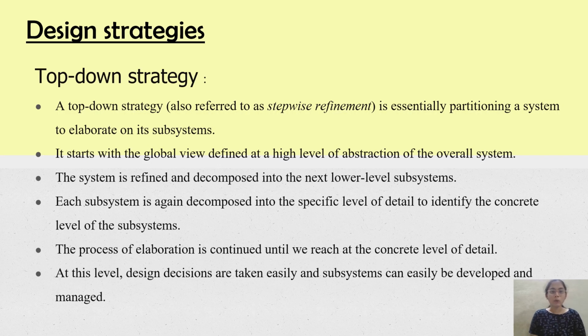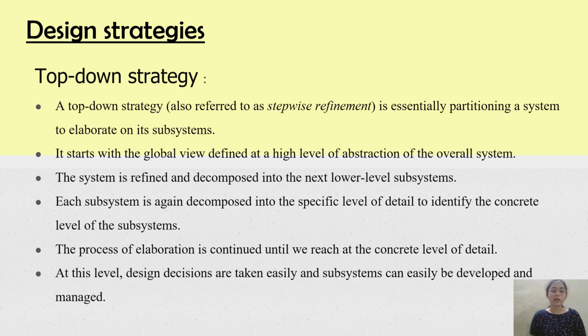Design strategies. Top-down strategy. A top-down strategy is also referred to as stepwise refinement. It is essentially partitioning a system into subsystems. It starts with a global view defined at a high level of abstraction of the overall system. The system is decomposed into the next lower level subsystems.